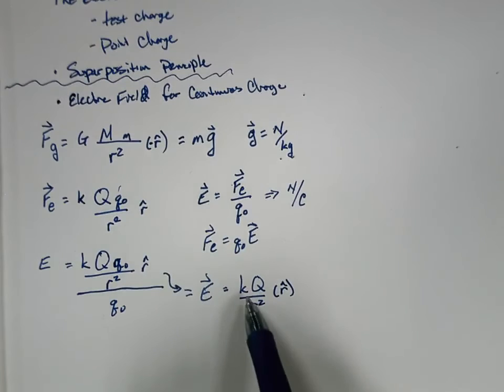Okay, where this is the Coulomb constant, this is the charge that is generating the electric field. Okay, this is the radius that a test charge would be from the source of that electric field, and that's our vector R hat.